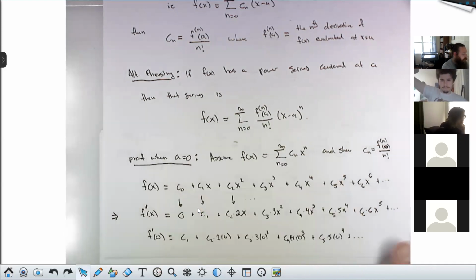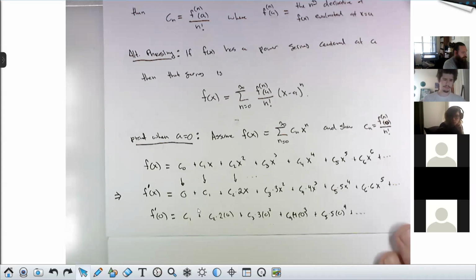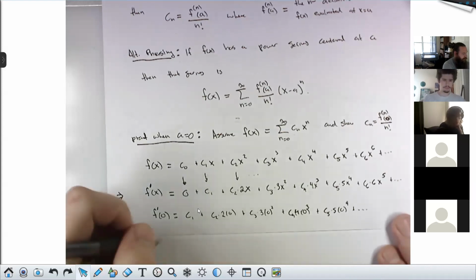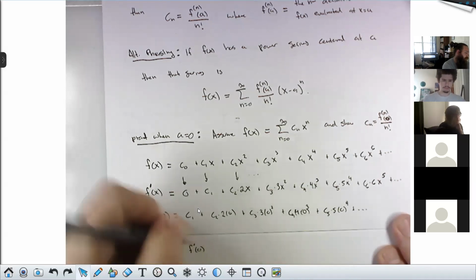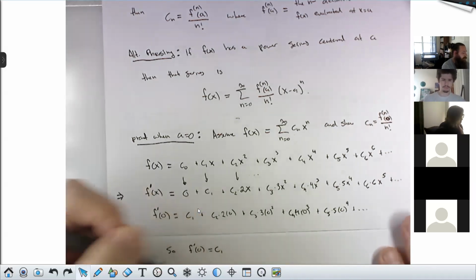All of those terms are 0. So what do we get? We get that f prime of 0 is C1.